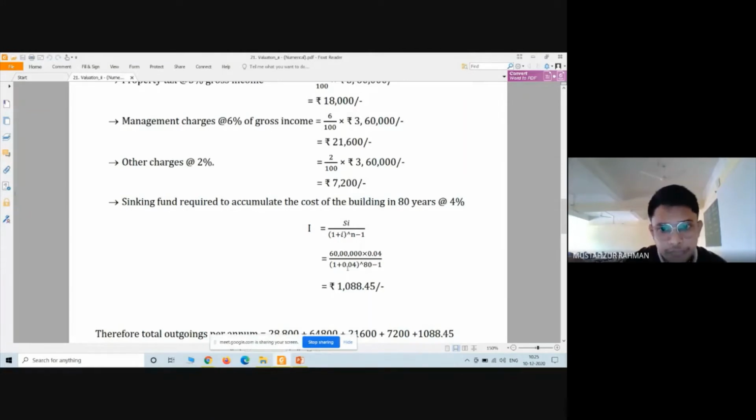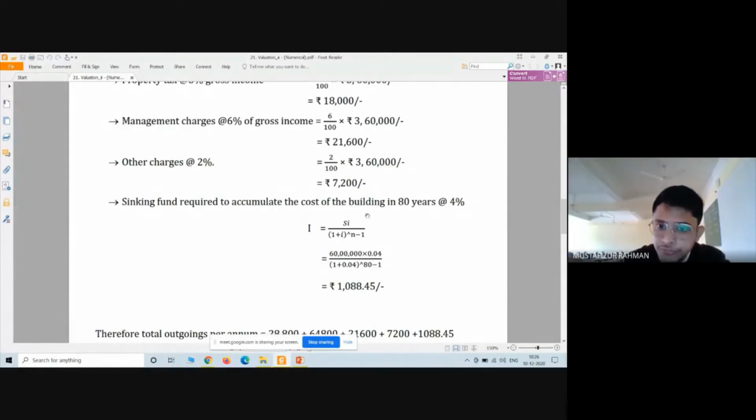So this is the sinking fund. We are putting aside a sum of money every year, so that at the end of the life of the building, we have the money that we spent on constructing the facility, the structure, the property, whatever.